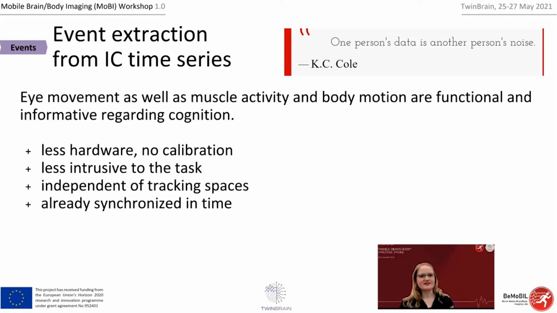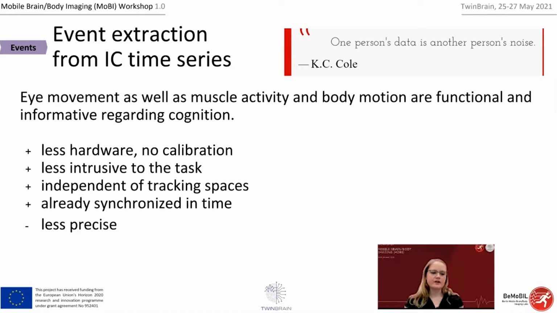But of course, there are quite some disadvantages as well, because the events that we're going to look at in this session are less precise. So if you extract blinks or saccades or gait-related events from EEG, this is less precise because the brain activity is also distorted by other artifacts or other activity sources.